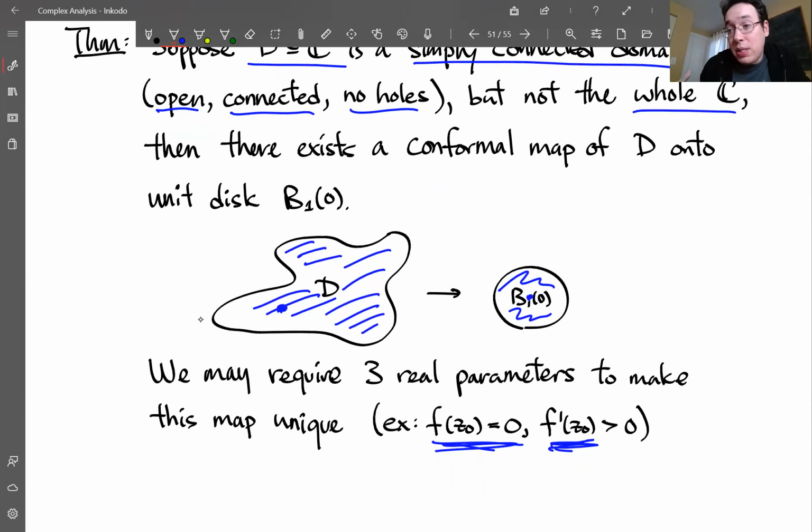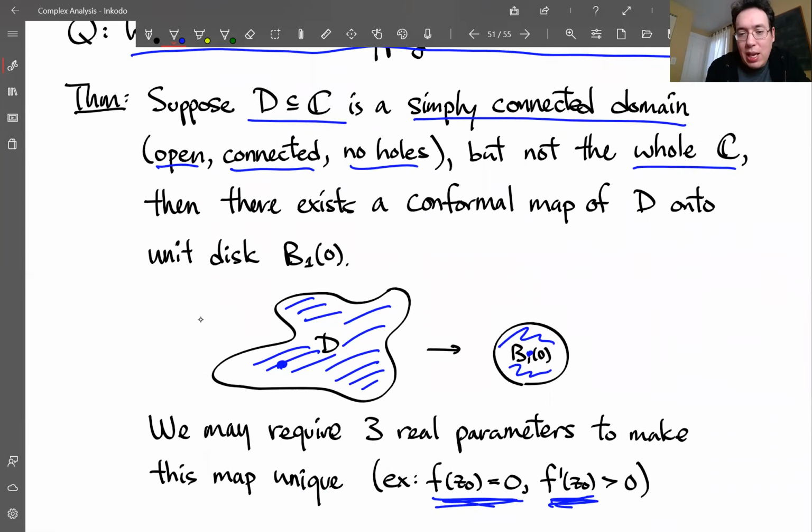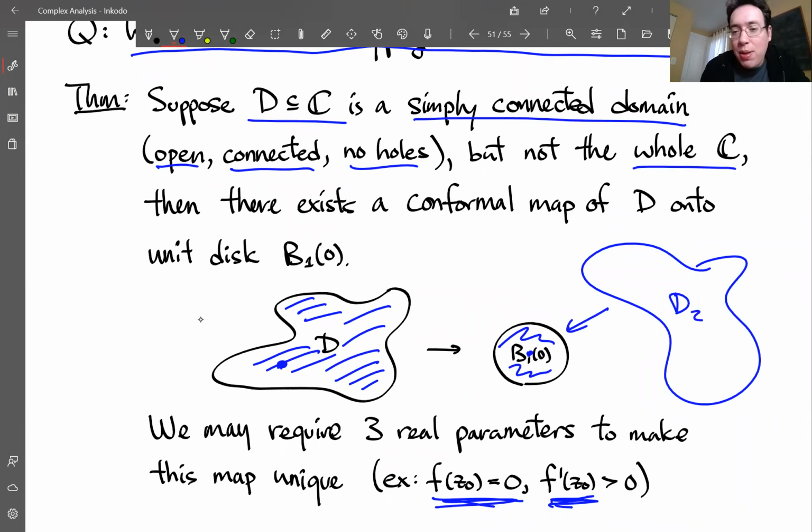And this goes even further than that, because a conformal map is a one-to-one correspondence. If you pick any other simply connected domain, by the same theorem, there's a conformal map from that simply connected domain to the unit disk.